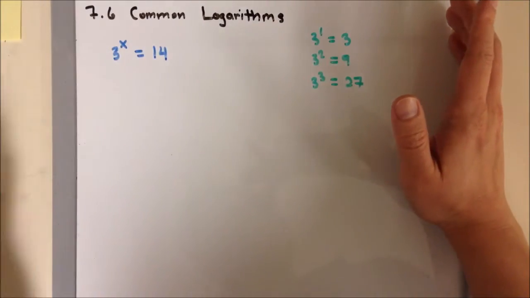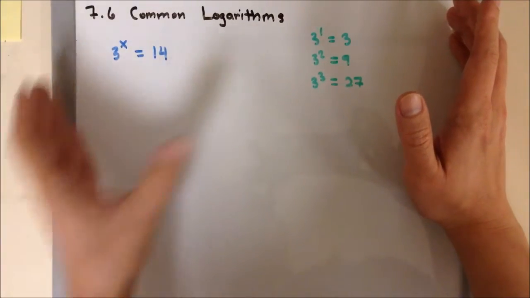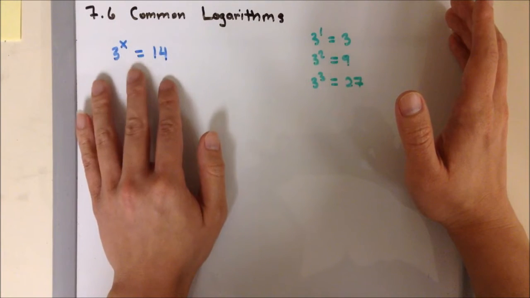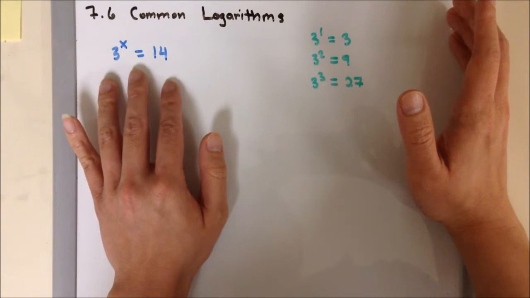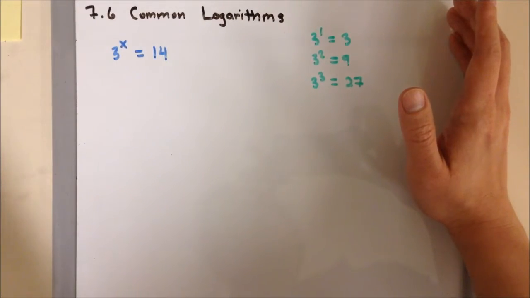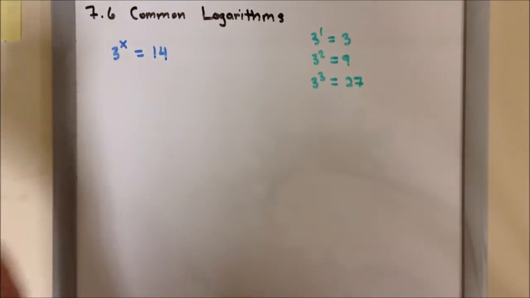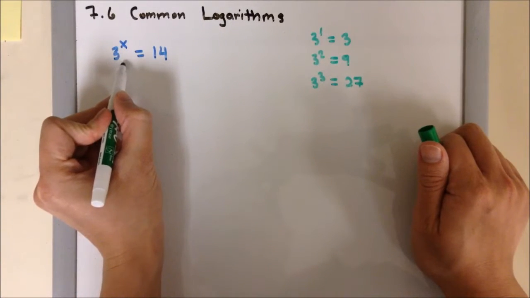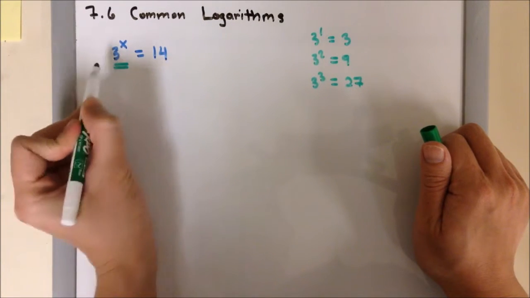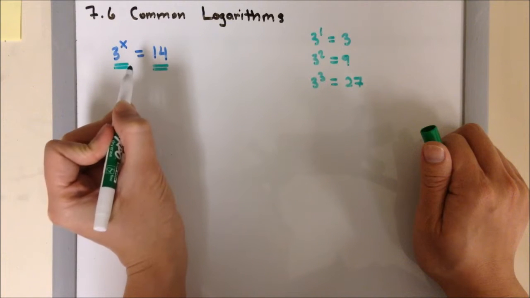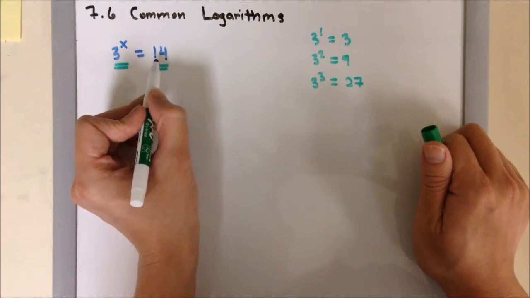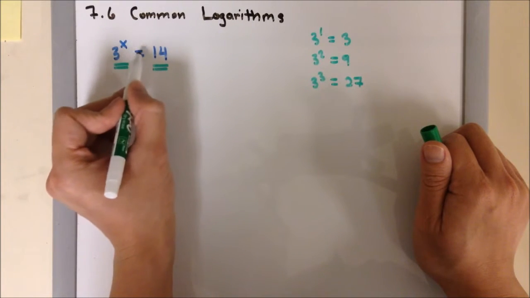Now, in order to type it into a calculator, the work has to be correct. When you're solving for the variable and the variable is your exponent, we're going to put log on both sides. But remember, you can only do that when you have one part on the left side and one part on the right side of the equal sign.